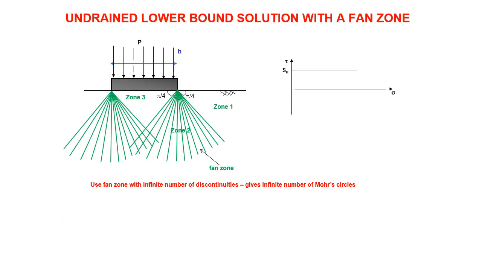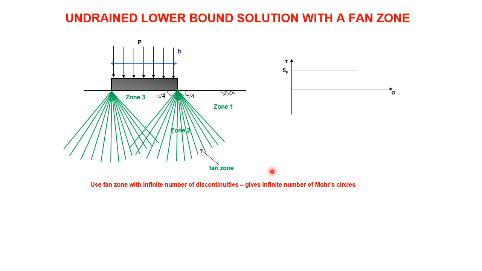So here is the final answer. Remember that we've done 1 discontinuity, we've done 2 discontinuities. We did the 3 in the tutorial for you to have a go at. Now we've got infinite discontinuities. So we've got a fan zone of discontinuities, a bit like the fan zone we had for the mechanism. But remember that this is not a mechanism.